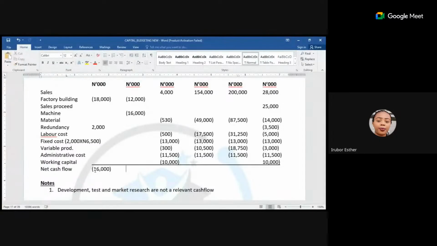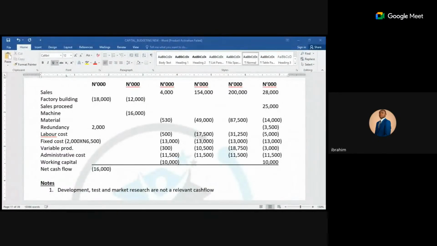Question: why are we having working capital amount in the first year and in the last year? They said at the beginning of year 2. Who is the person that asked this question? Is it Esther? Working capital is what you use to run the business. Esther, you use 50,000 to run business at the beginning of January.